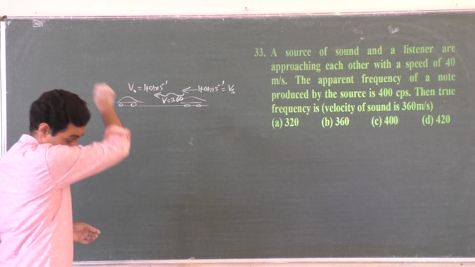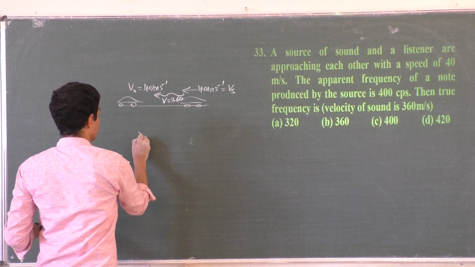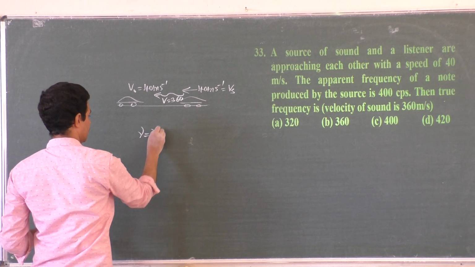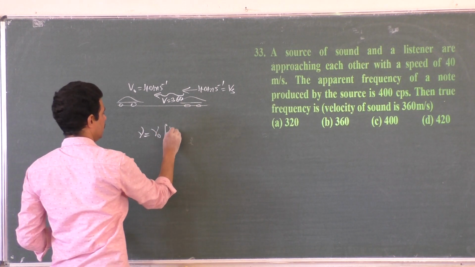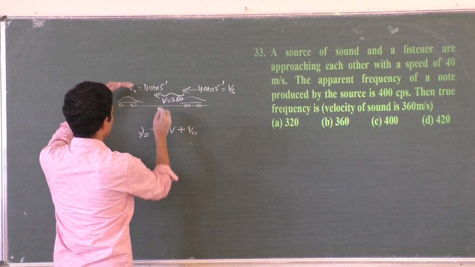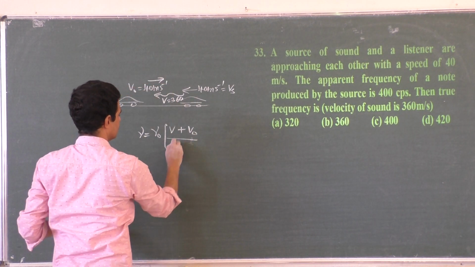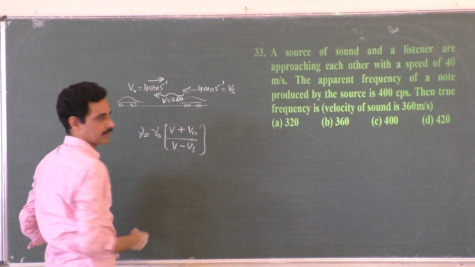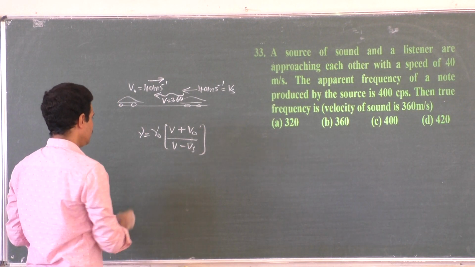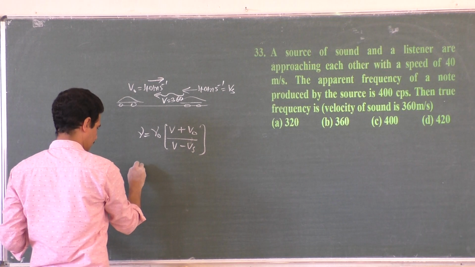What is the true frequency? Nu is equal to the apparent frequency, the original, into V plus V naught, right? V naught plus or minus Vs, correct? Now nu apparent is given, 400.